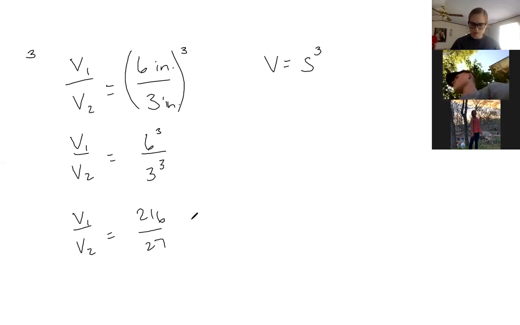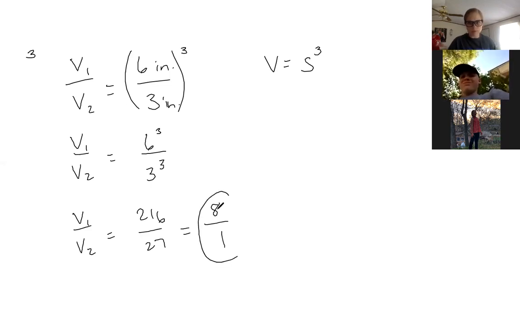So 216 divided by 27. I can reduce this down to 8 over 1. So that's my ratio of the volumes.